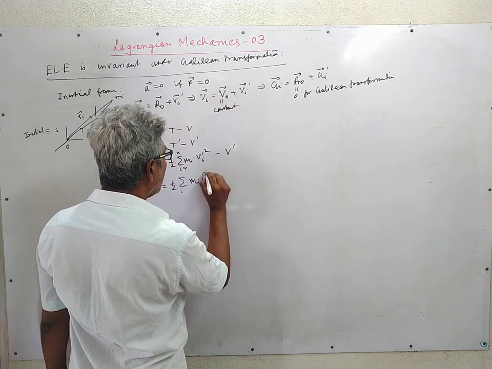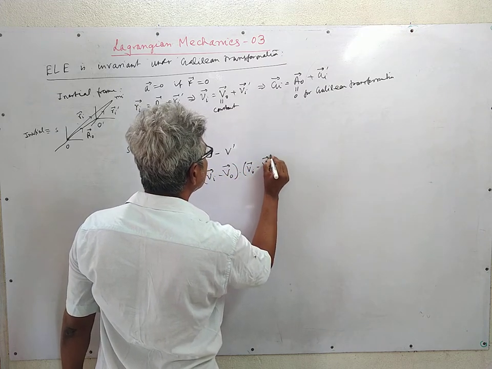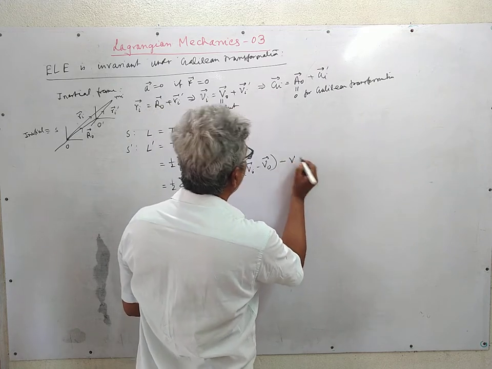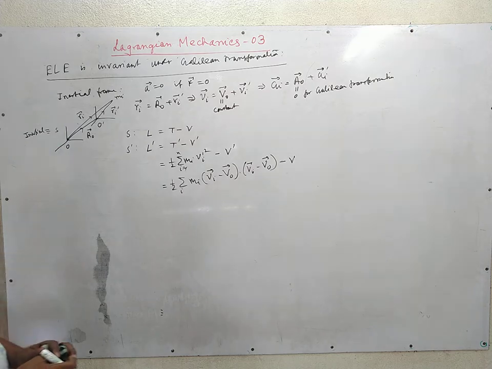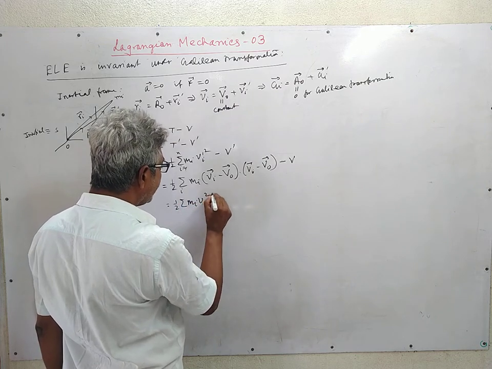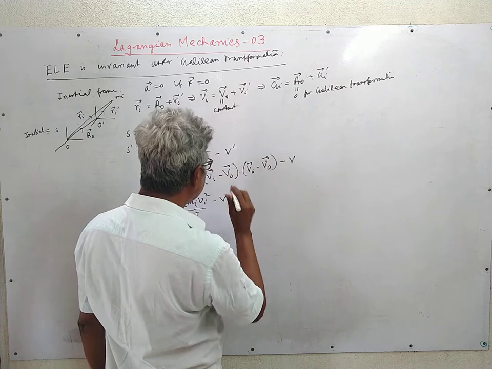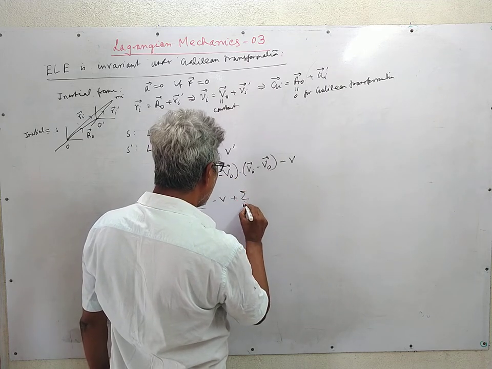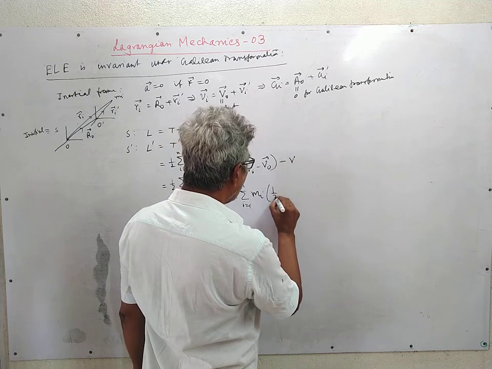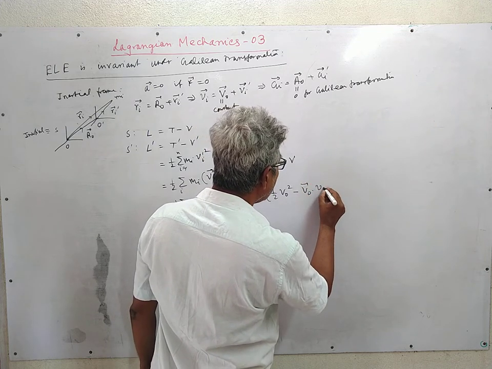So it is half mi (vi minus v0) dot (vi minus v0), minus V. Here we write V because we have written every quantity in terms of those relating to S. That's why we have written V. The first term is half summation over mi vi square, which is nothing but the kinetic energy T in S, minus potential energy V, plus summation over i equal to 1 to n of mi, half v0 square minus v0 dot vi.